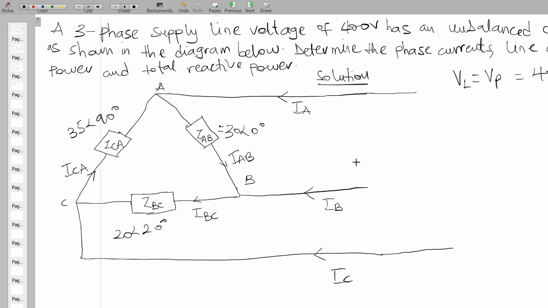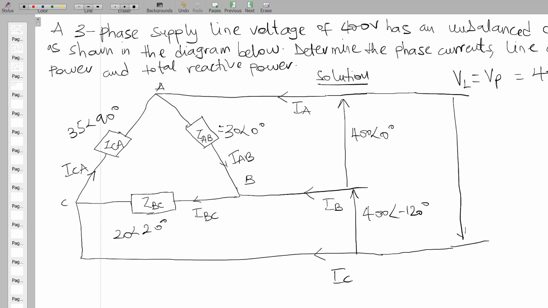But then we should know that in three-phase circuits, the phases differ by angles. So the phase at A will have 400 angle 0 degrees, so they differ by 0 degrees, and the phase at B, they differ by minus 120 degrees, and the phase at C, they differ by positive 120 degrees.